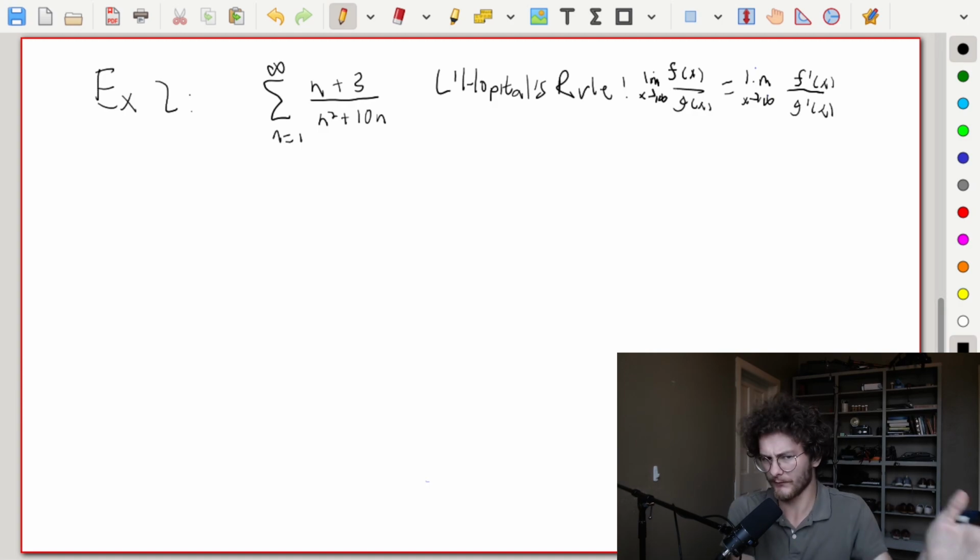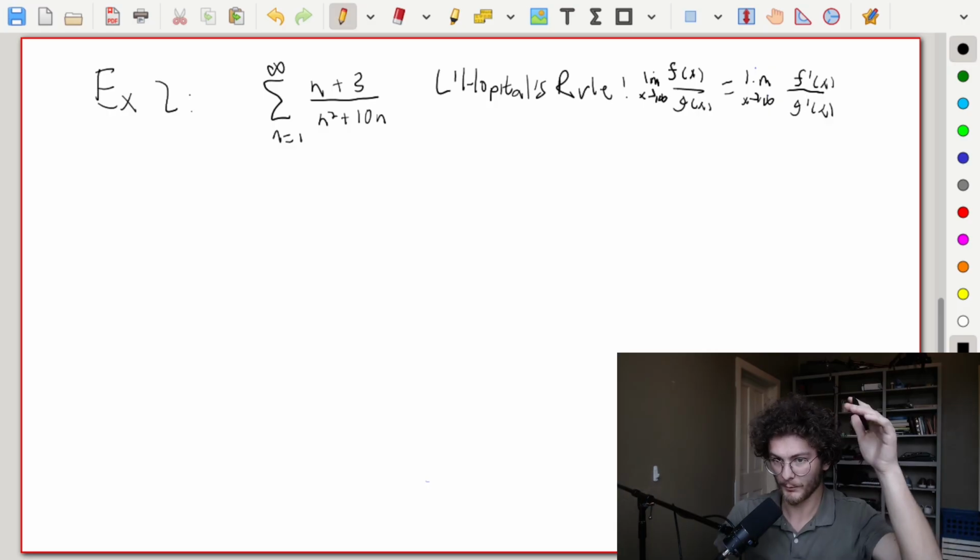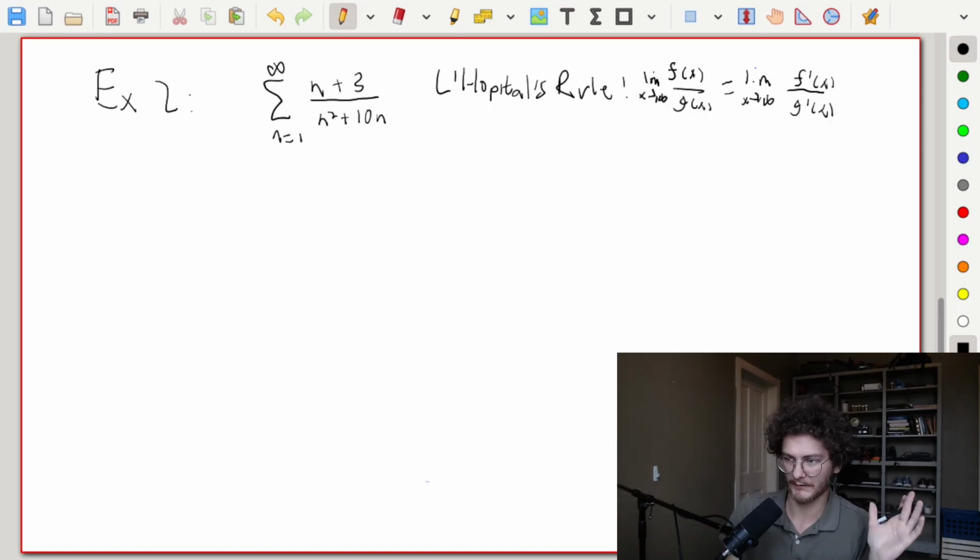So if you just take the derivative of the numerator and then take the derivative of the denominator and you slap those two back in their respective places, the limit's going to be the same as if it were not differentiated in the first place. So let's use that rule with this example.